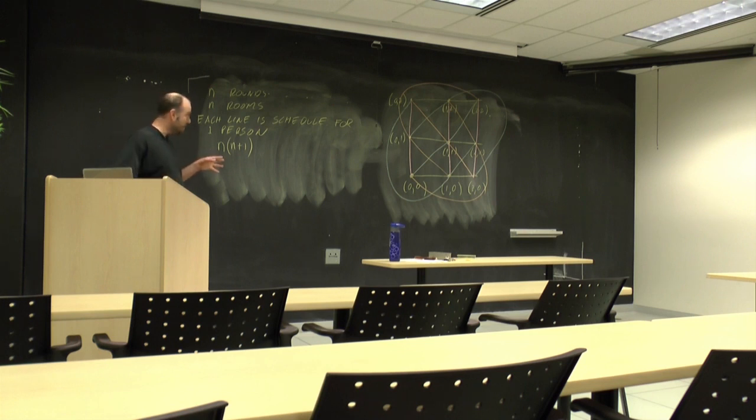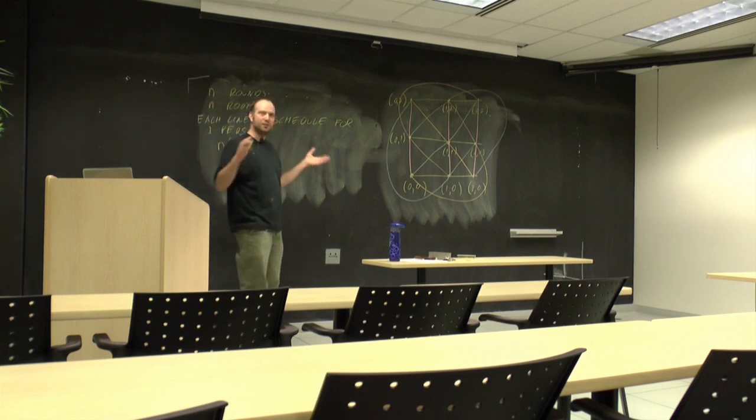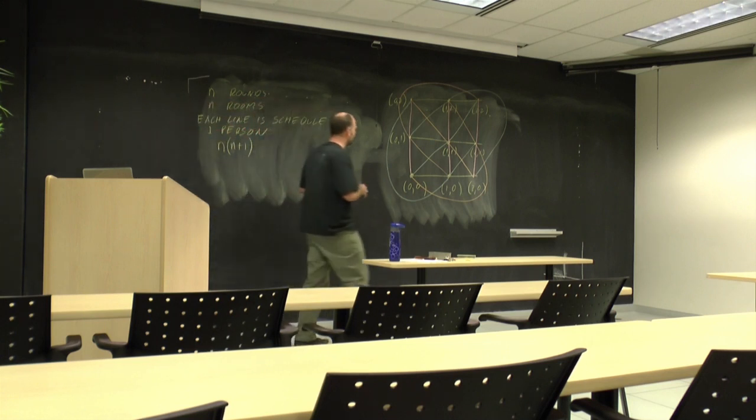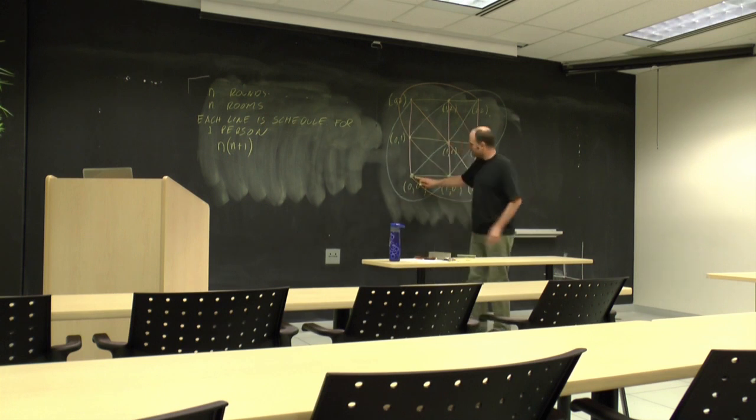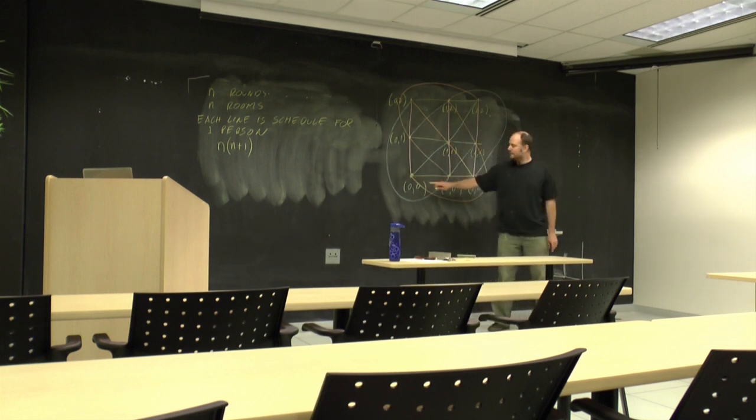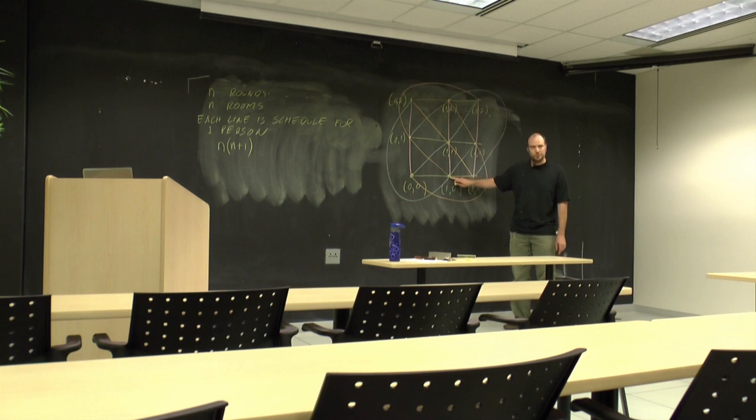But that's okay, because what's wrong with this schedule? Why will this not work as a schedule? So if I am the first yellow line, here I am in round 1, here I am in round 2, here I am in round 3. So there's a problem with that, but it's a fairly innocent problem. It just means that I've had to play World of Warcraft 3 times, right?